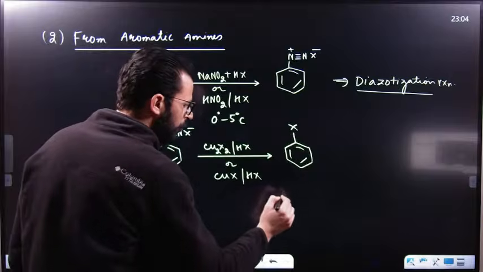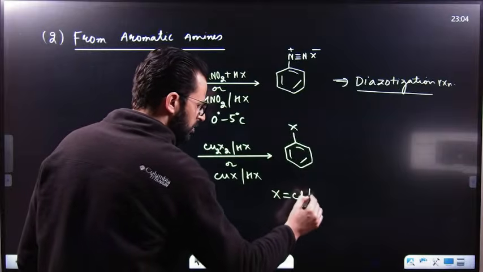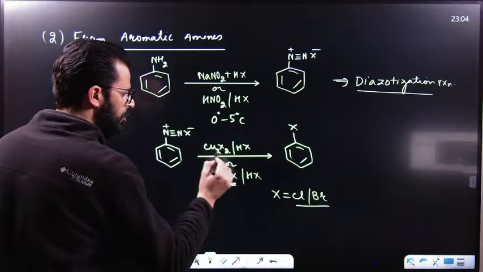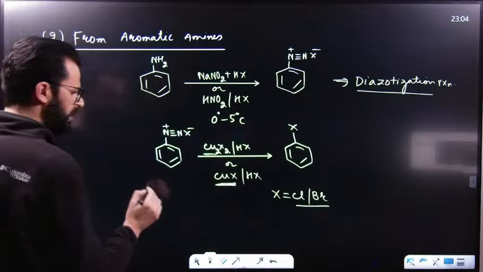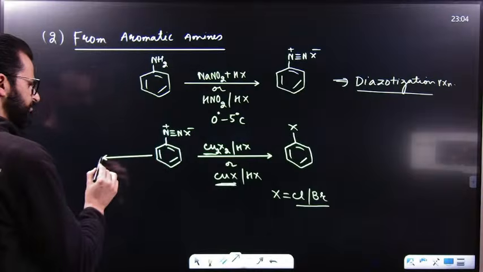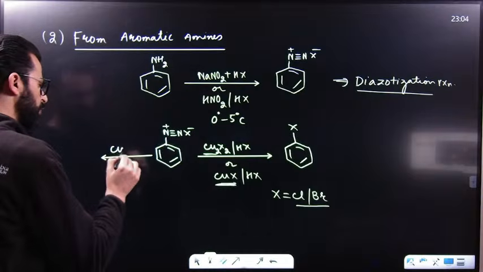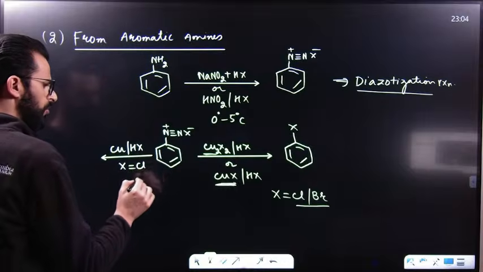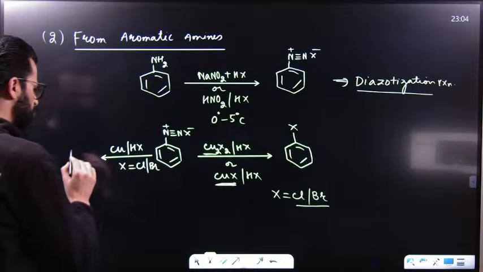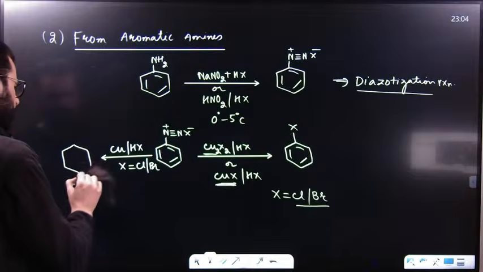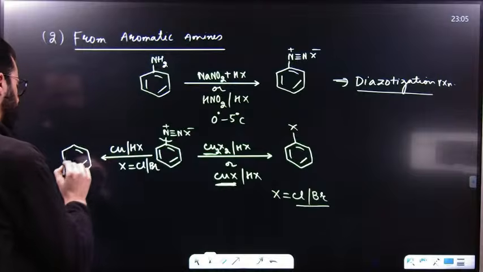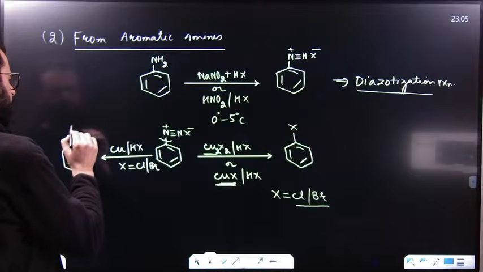Here the halogen is either Cl or Br, and it is the halogen present in the copper salt. Similarly, if you use Cu in the presence of HX, this X can be Cl or Br. The product will be that this bond will be broken, N2 will be lost, nitrogen gas will be evolved, and here it will be X.